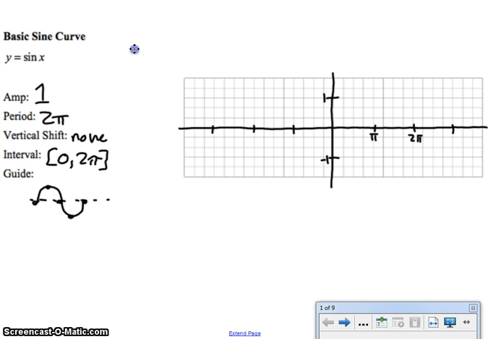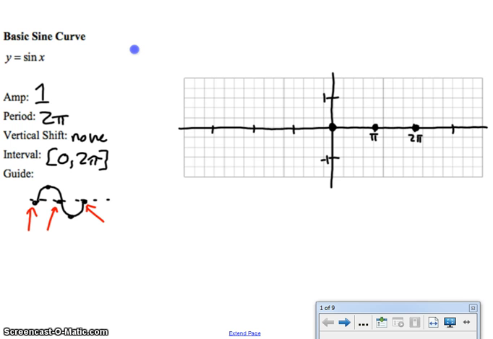All right, so what we want to plot first would be this point and the end point. Okay. So since my interval is from 0 to 2 pi, that's like my stopping and my starting point. So I start at 0 and end at 2 pi. All right, next, I know in the middle, I'm at the x-axis again, so that would be at pi.